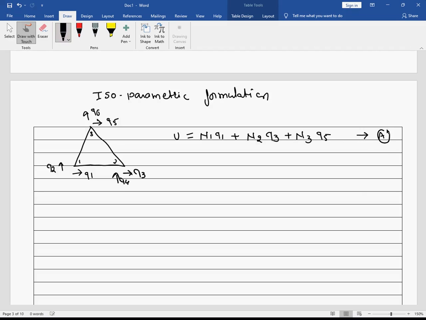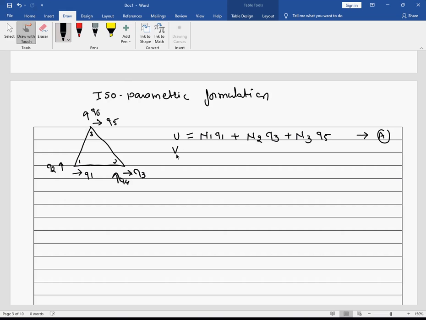I can label this as equation A. If you have understood this, type A, or you may have your questions.